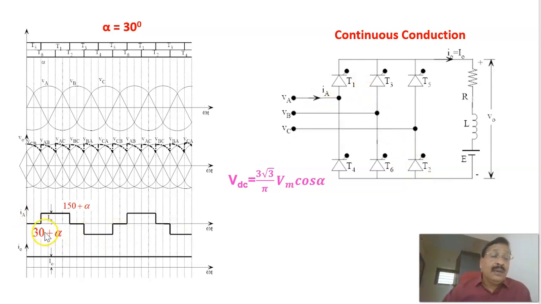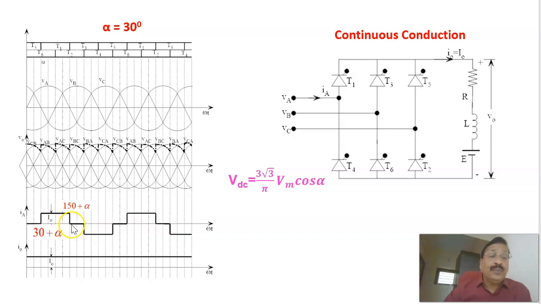Therefore, you measure the firing angle alpha from 30 degrees from this point, and this point is 30 plus alpha, because the shift is 30. From 30 plus alpha to 150 plus alpha, you can see that T1 is conducting. Once T1 is conducting, the current is equal to plus I naught, the load current.